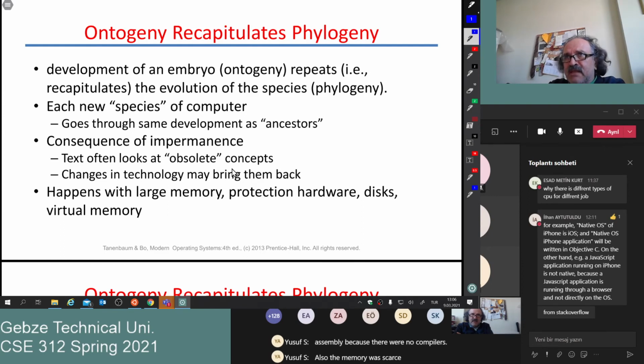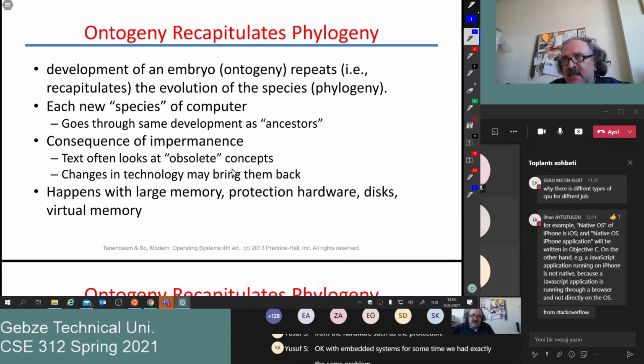So what did we do? We were very careful about it. We wrote everything in assembly, and we very carefully optimized the memory usage. And we didn't get any help from the hardware, such as protection. With embedded systems, for some time we had exactly the same problems.